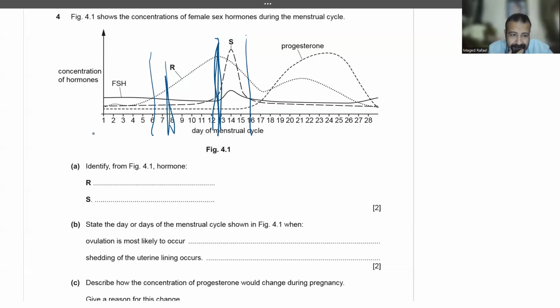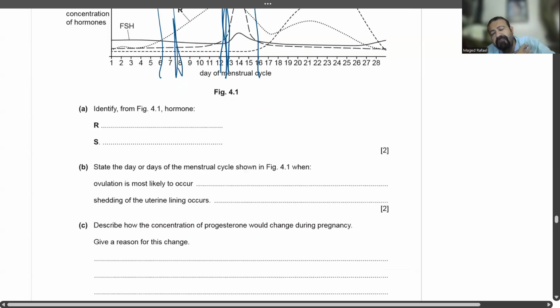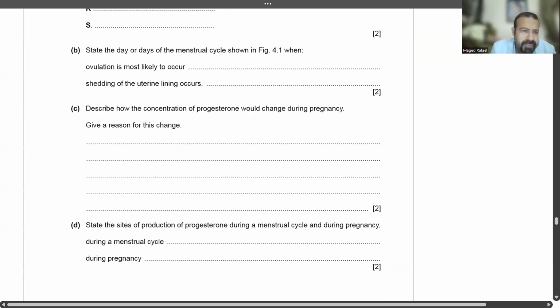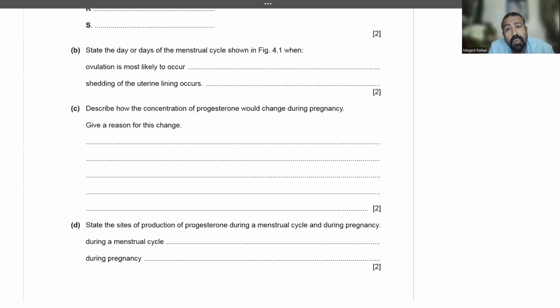Okay, it's arranged, they will be arranged. But I will go for from 1 to 5 or from 1 to 7. Usually we write these numbers. Question C. Describe how the concentration of progesterone would change during a pregnancy. What do you think?